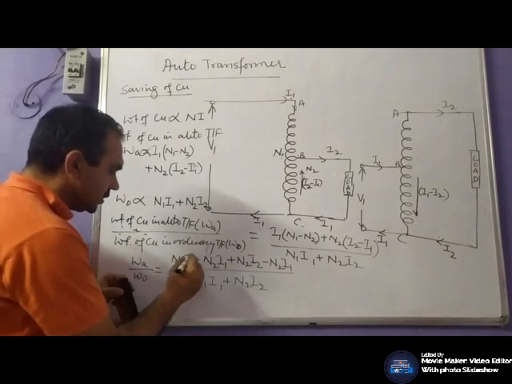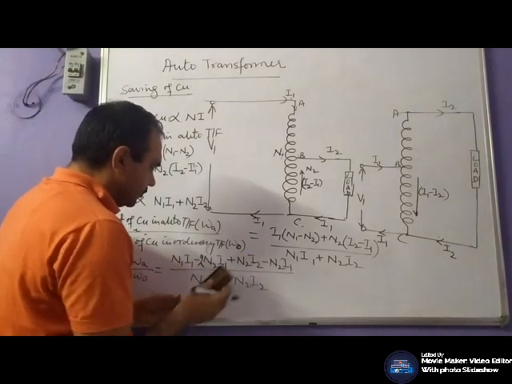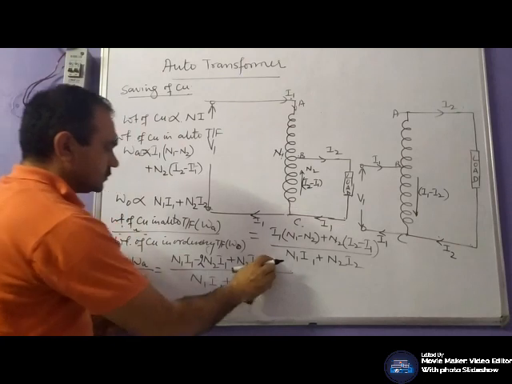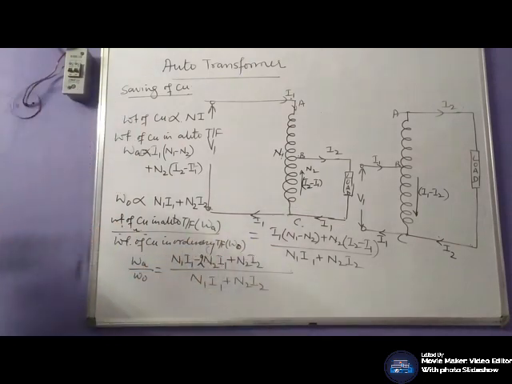The N2 I1 terms give minus 2 N2 I1. Divide numerator and denominator by N1 I1.